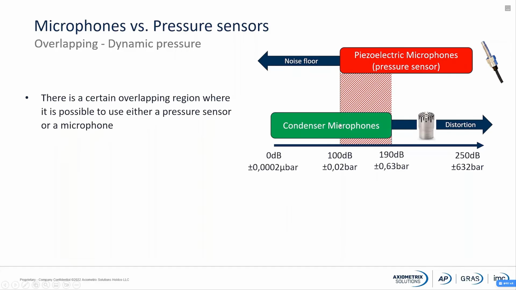Vice versa, if you take a condenser microphone and you're trying to measure 198 decibel or 200 decibel, this will be totally distorted, and therefore you can't really use that for that kind of measurement. But as you can see here, there is a certain overlap of the two sensors. So that means that you can use a traditional pressure sensor or you can use a condenser microphone.